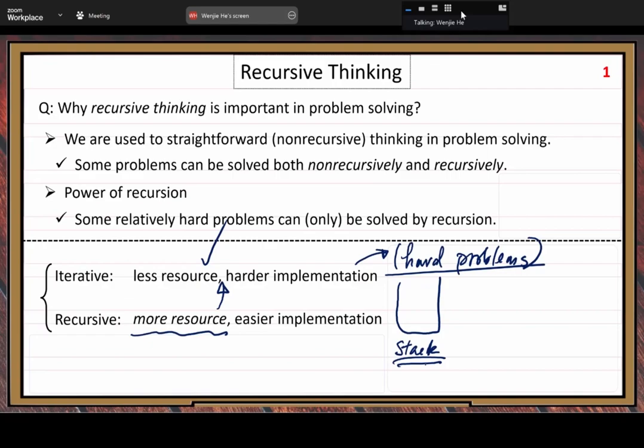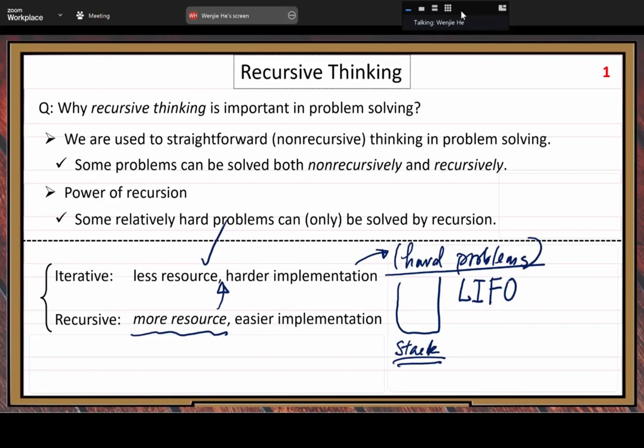Robert says, last in, first out. Do you remember that? Last in, first out. L, last in. I, first out. FO. That's the main property. You push the items into the stack.